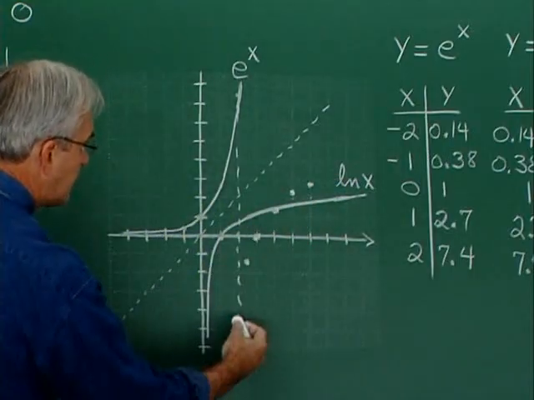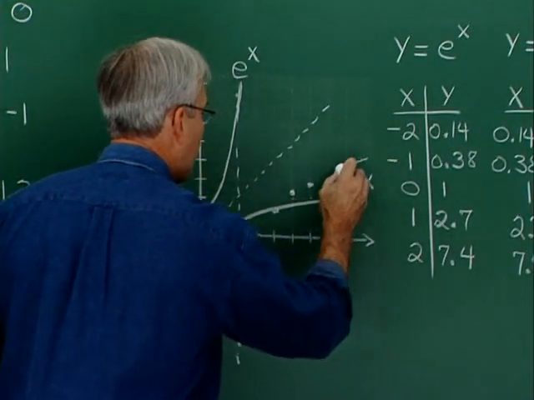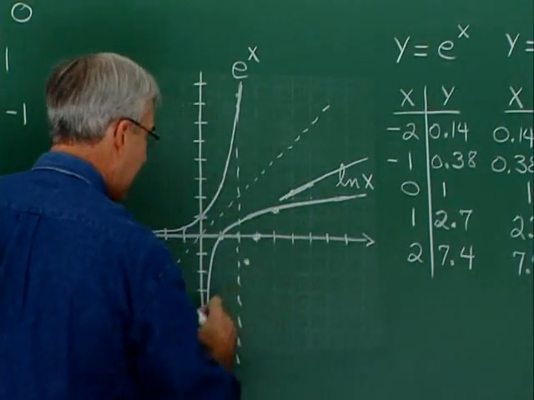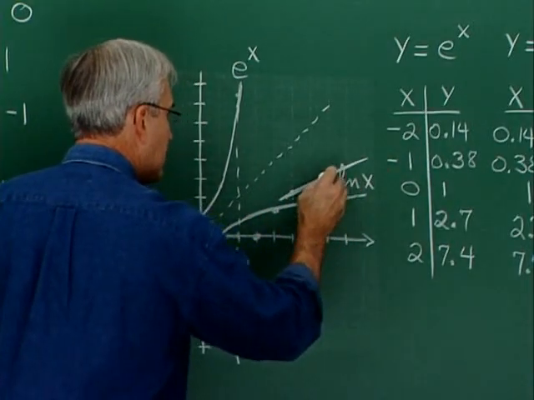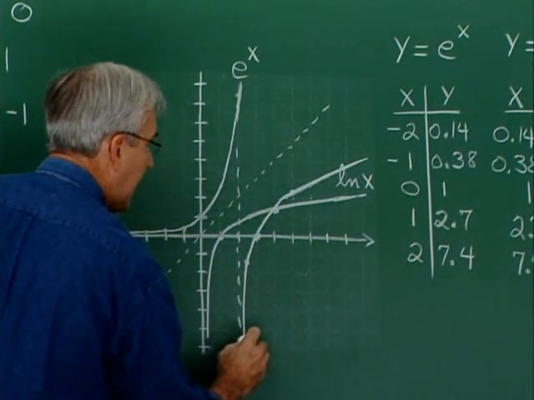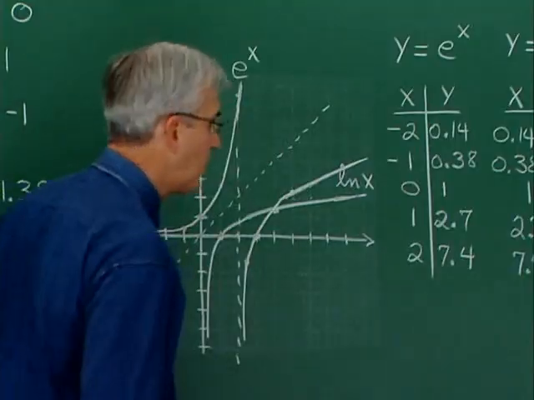So the graph is kind of taking this shape. This is exactly what we expected. That is, the graph is similar to the graph of ln x, but it has moved to the right. It has shifted to the right a couple of units, and now it's stretching itself this way as well.